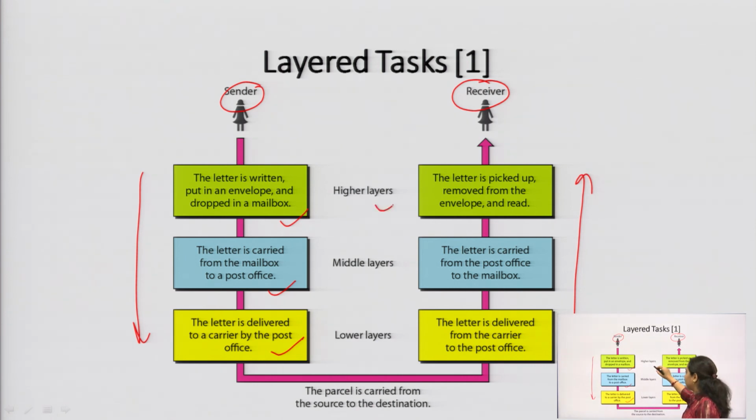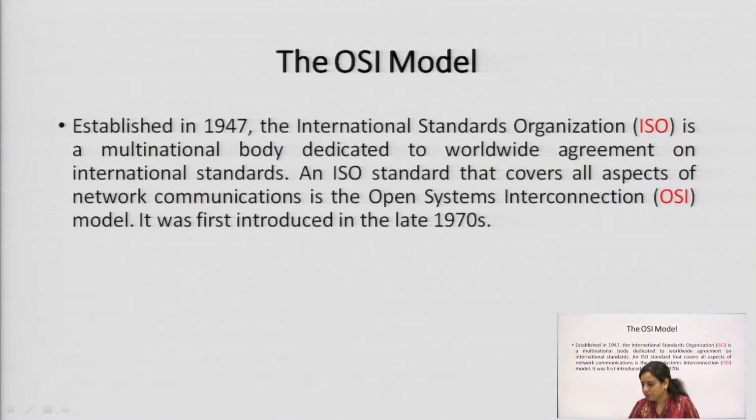This is the higher layer, this is the middle layer, and this is the lower layer. So, 3 different layers are involved. Any kind of program or any kind of work that you are doing in your office also has different levels for doing it. So, that is the basic idea of the layered task.